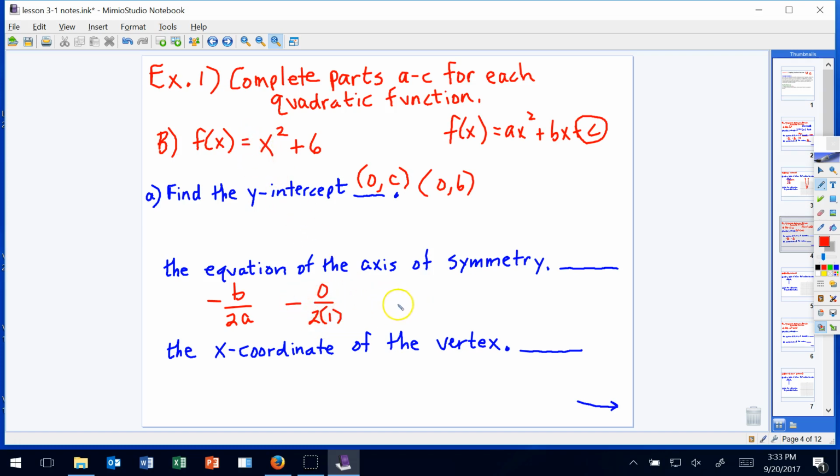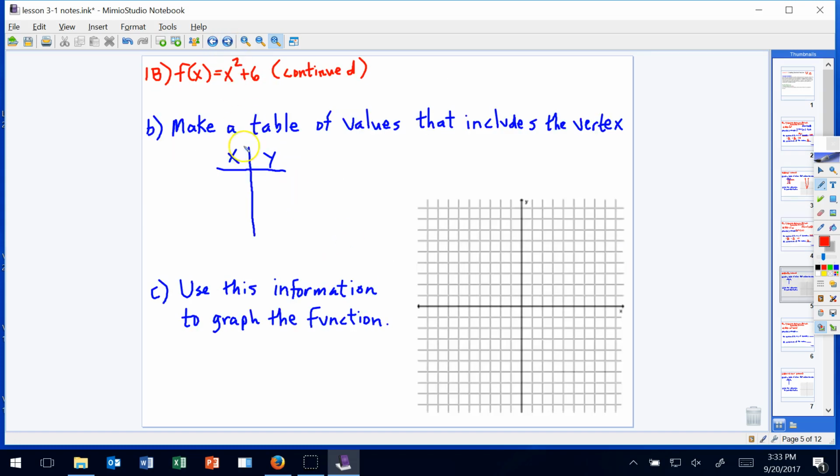Well, 0 divided by anything is 0, so we got that same situation as the previous example. The equation for the axis of symmetry will be x equals 0. And that ends up being the x-coordinate of the vertex. Okay, just like that. The vertex is an ordered pair. If the AOS is x equals 0, that same number will be the x-coordinate of your vertex.